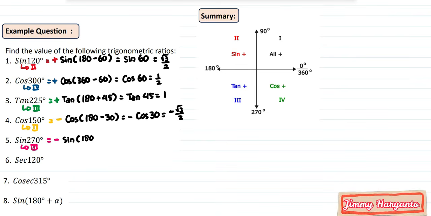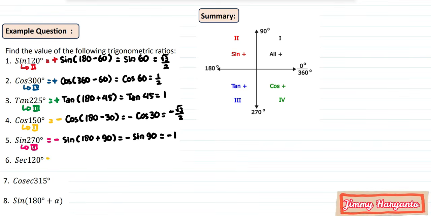You can use 180 or 360 for this one, because 270 lies in the middle. And then this one is 180 plus 90. I can ignore the 180, so I will have negative sine 90. Sine 90 is 1.